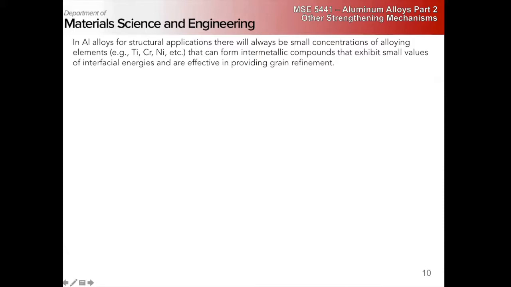So titanium, chromium, nickel, iron. These will form intermetallic compounds that have small values of interfacial energies and are very effective grain refiners in aluminum. And they will keep the grain size small.